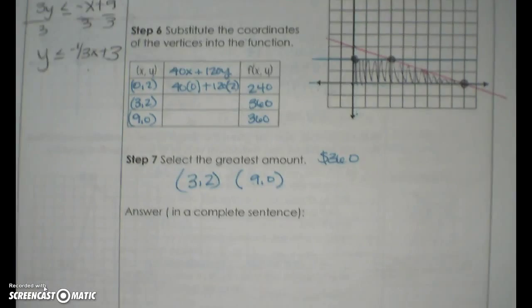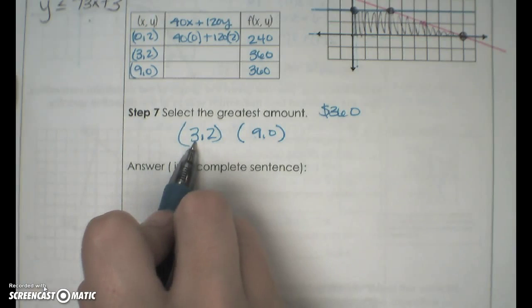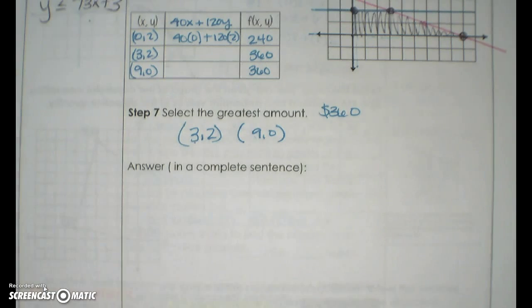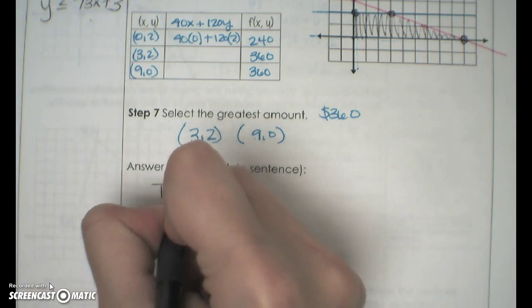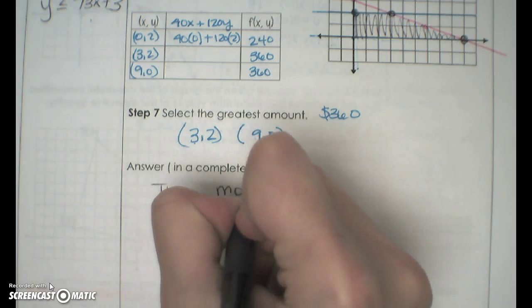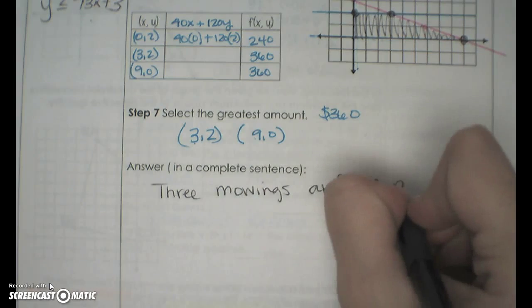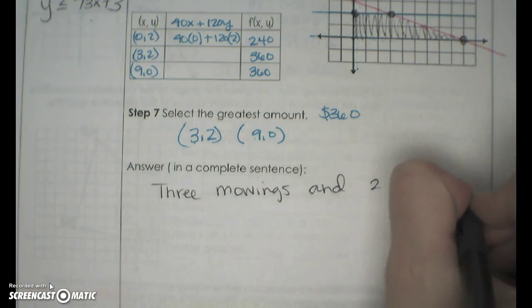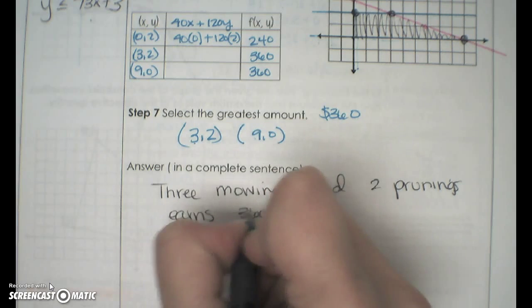Well, what does that mean? What do those answers mean? Well, remember, our x was the number of mowings. So if we write this in a sentence, 3 mowings and 2 prunings earns $360.